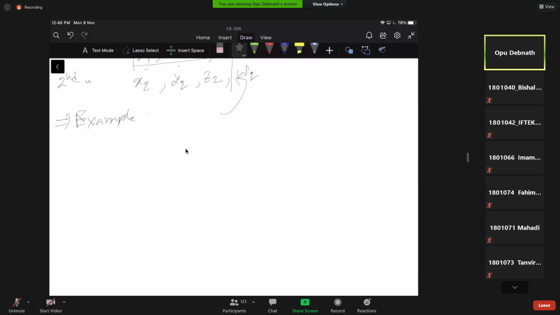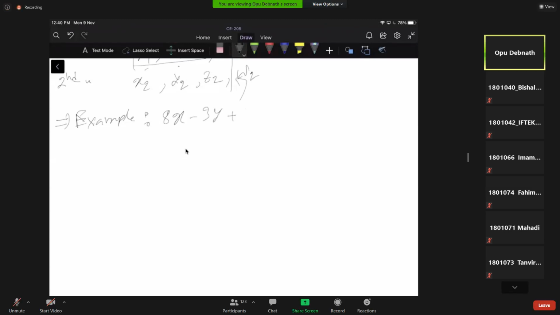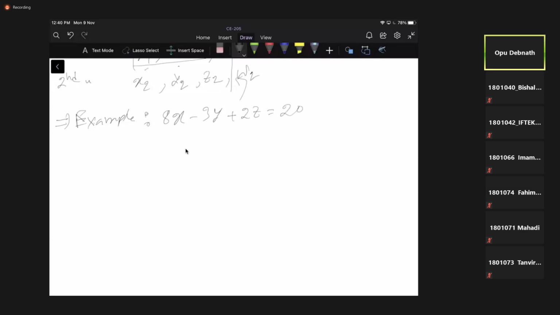Okay, 3 unknown values. This equation will be 8x, okay, just first write only 4.9. Okay, this is absent in this sheet. 8x minus 3y plus 2z is equal to 20.